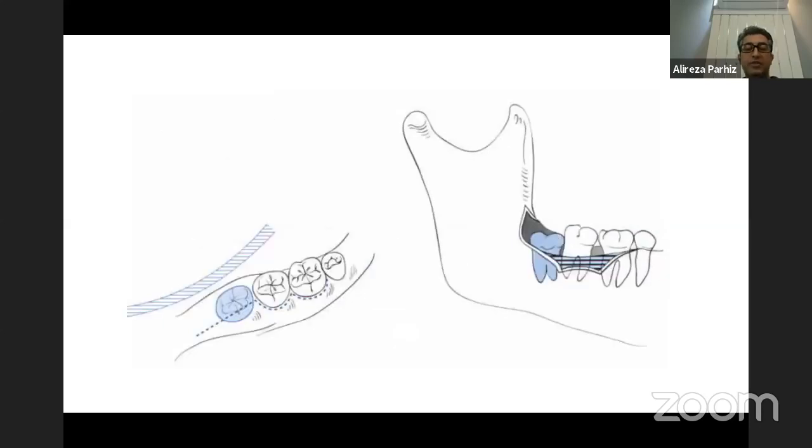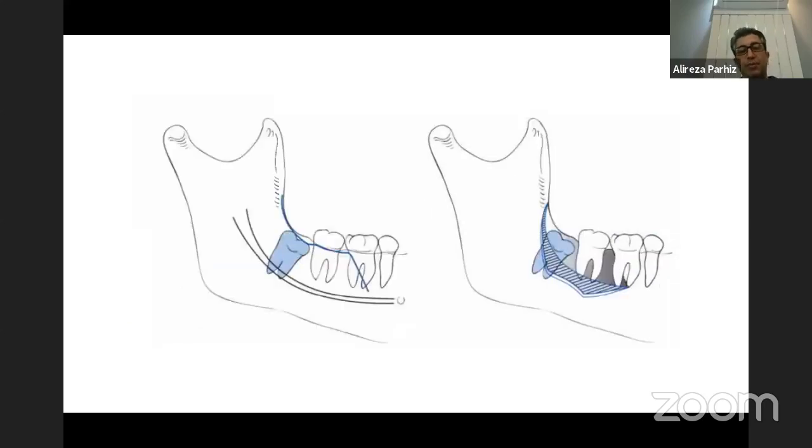This kind of incision is done if the impacted third molar is class 1 and class A, that is not very bony impacted. But if we have much more bony impacted teeth, we prefer a vertical incision. It's a releasing incision at the distal border of the first molar. It gives much more exposure than the pocket incision.